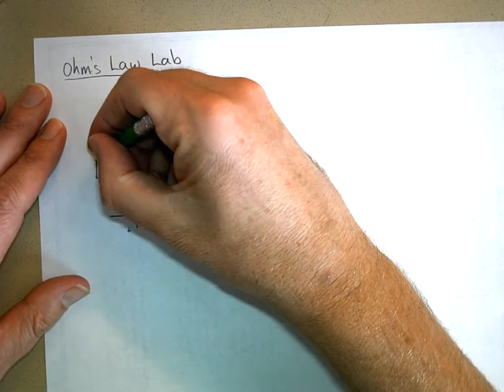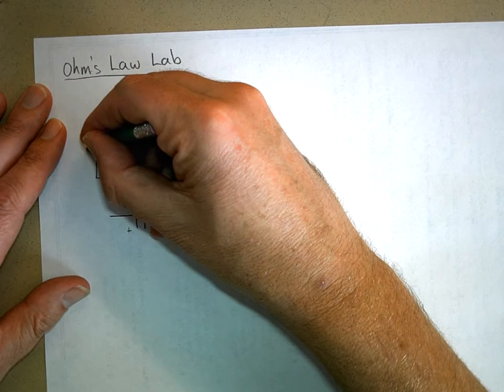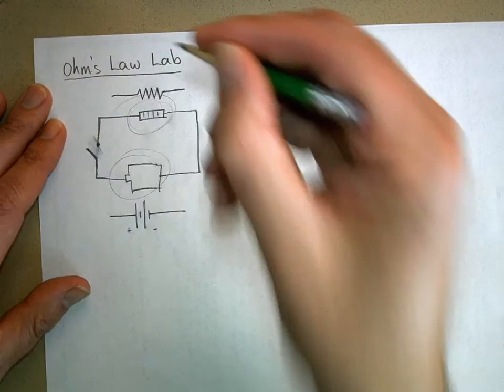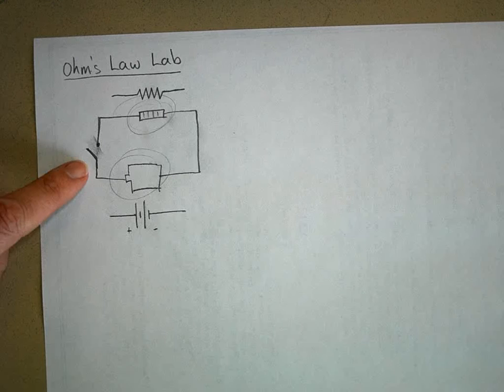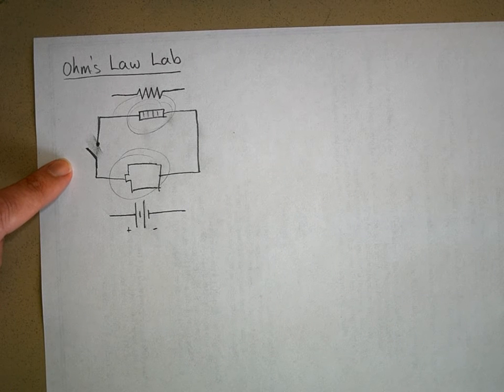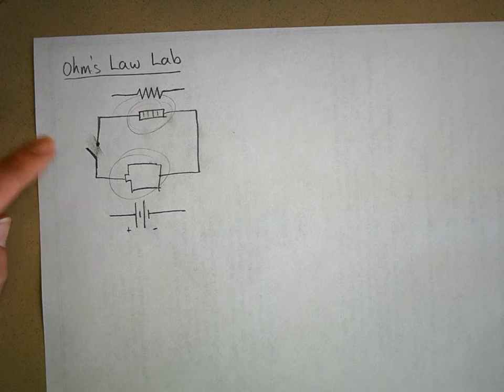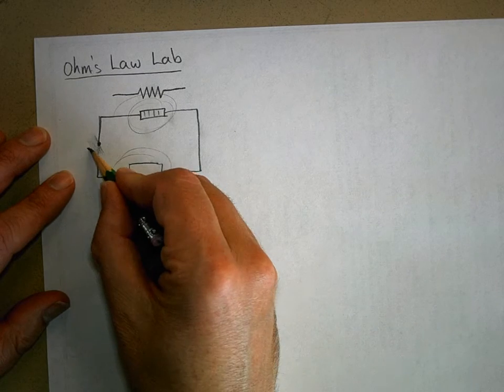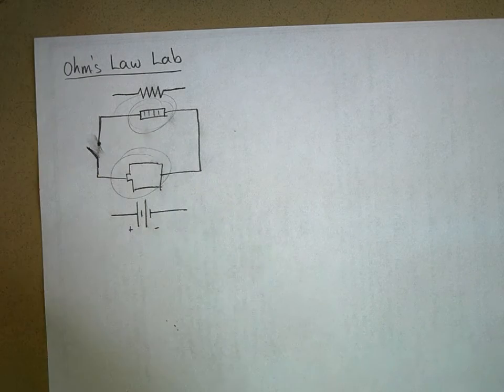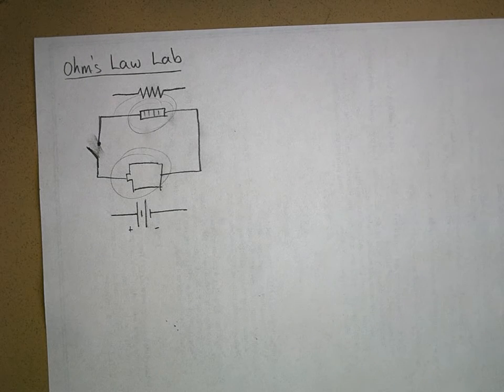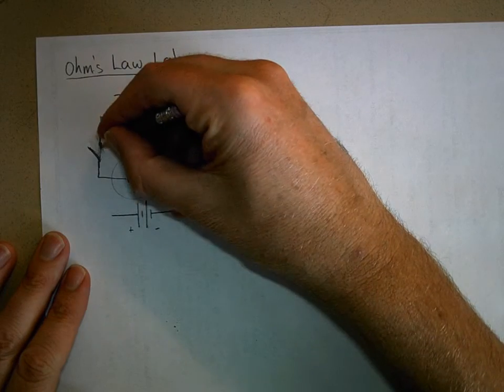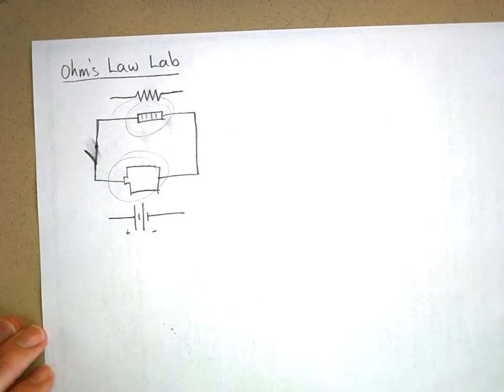And if you have a gap in it like this, this symbol right here that I just drew, this is the symbol for a switch. So if I pull this thing open, it's now an open circuit, and in open circuits, current doesn't flow, nothing happens. But if I close the switch like that, then current will flow.